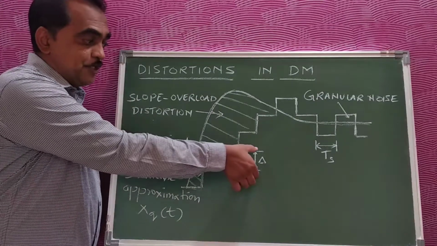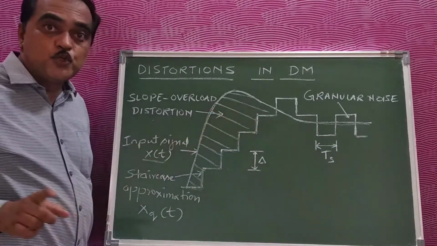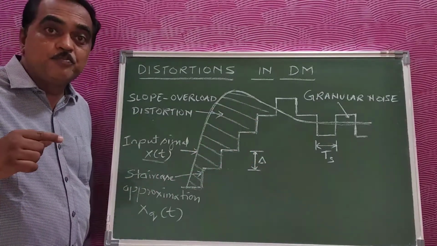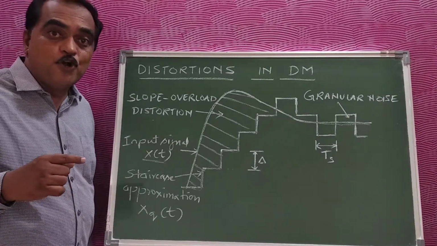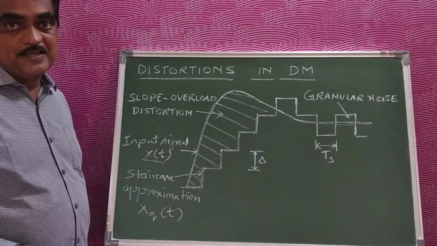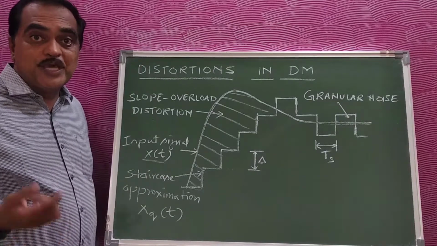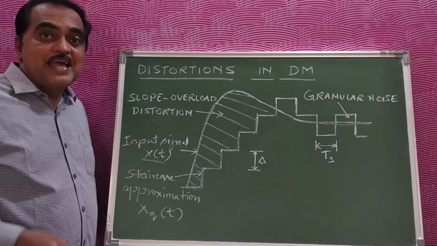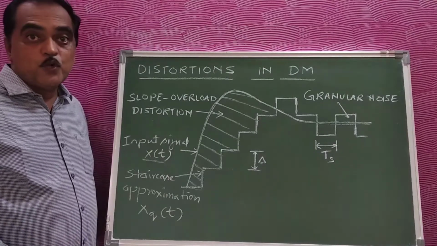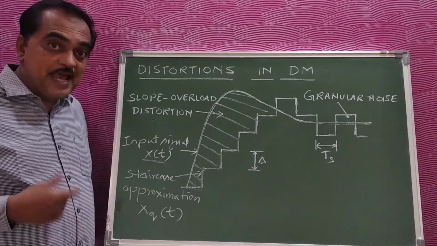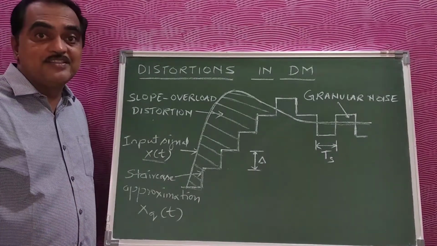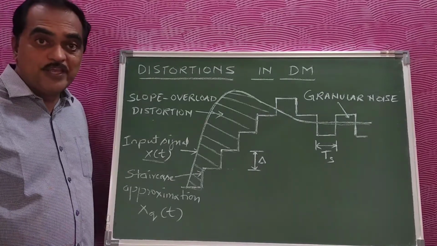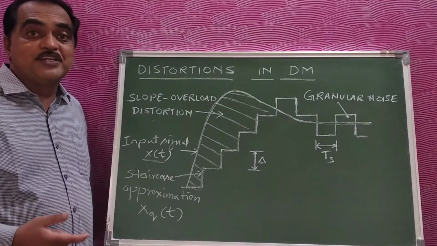This delta, whatever we have shown, should not be fixed. It should be variable. And if you want a variable step size which will vary according to the analog signal, then that technique is called adaptive delta modulation, where the step size adapts to the change in the input signal. So it will vary according to the variation in the input signal.